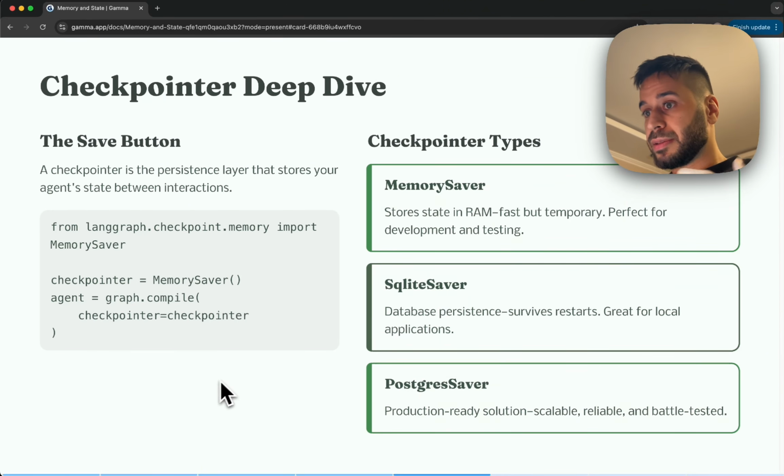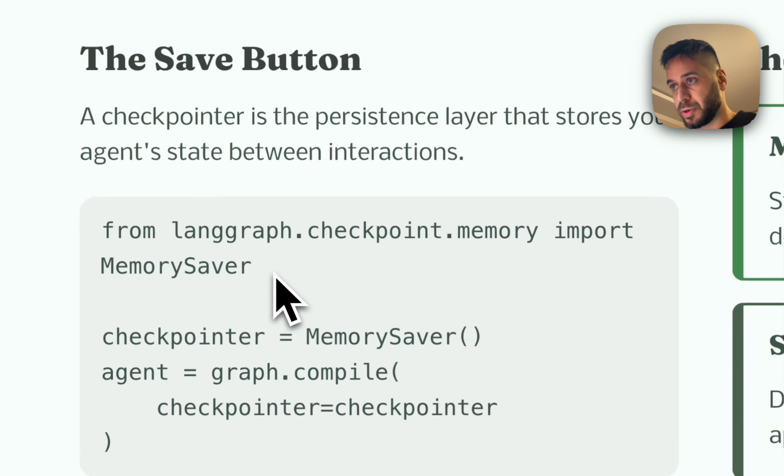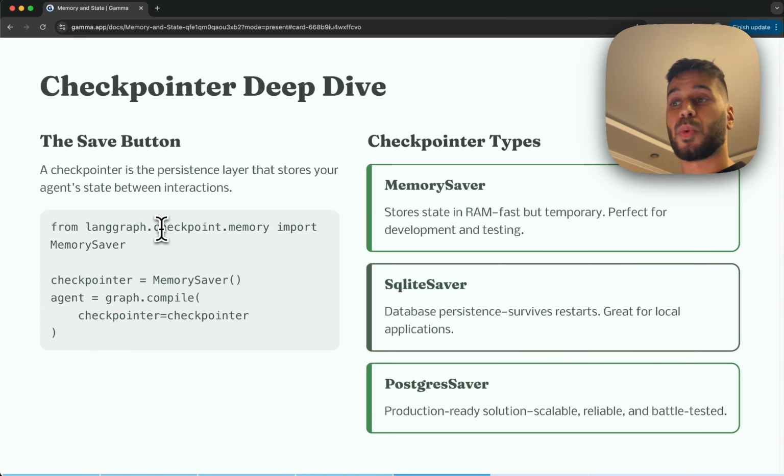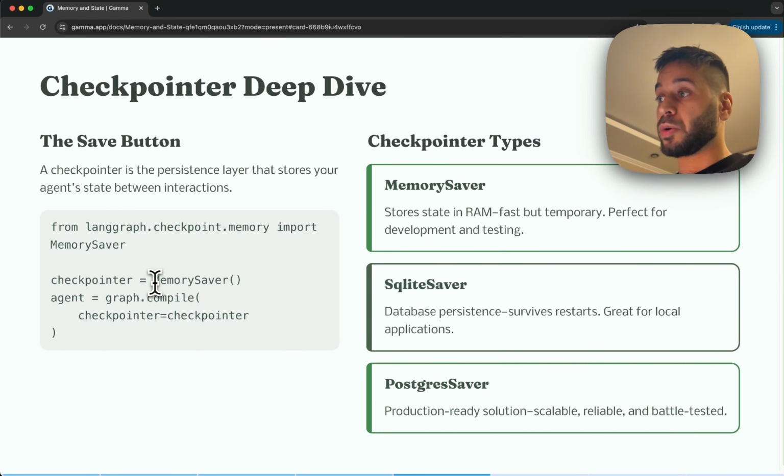So let's dive a little bit deeper into the checkpointer. In LangGraph, we can import the memory from the checkpoint module, and we can create a memory saver. A memory saver is basically the class that is going to be used in order to save the state and the memory of the agent.